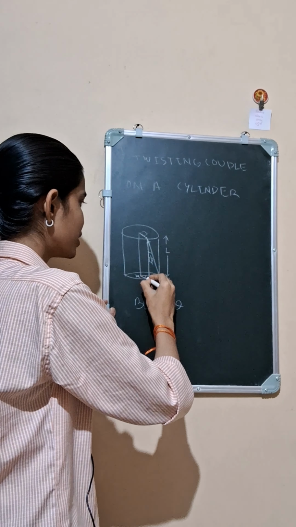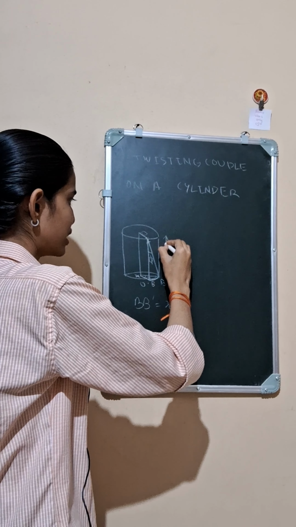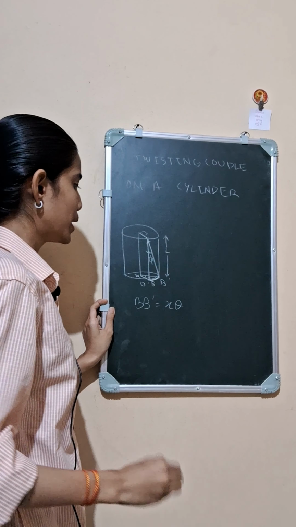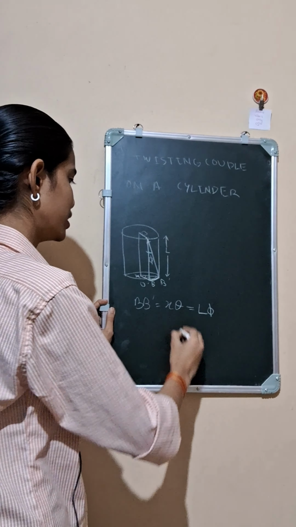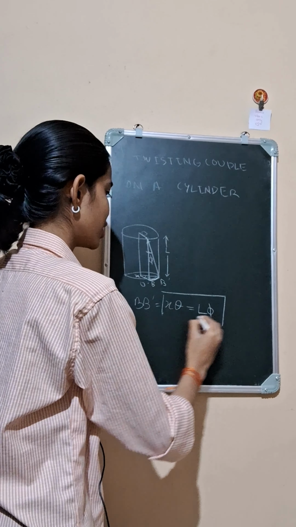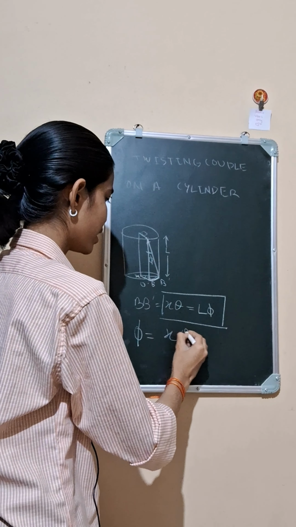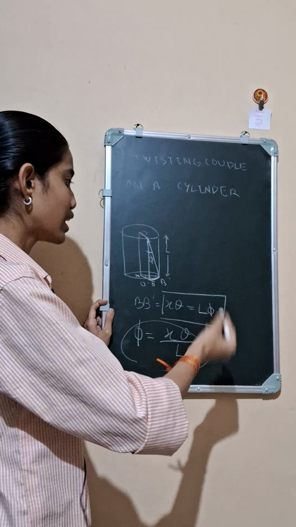But from this we can also see that L, the length, into the angle phi is also equal to BB dash, meaning x theta is equal to L phi. So phi will be equal to x theta by L, meaning this is the shear. So now we have the shear.